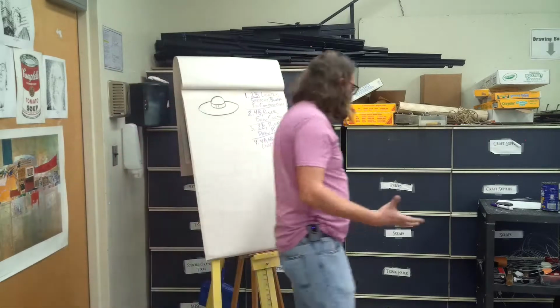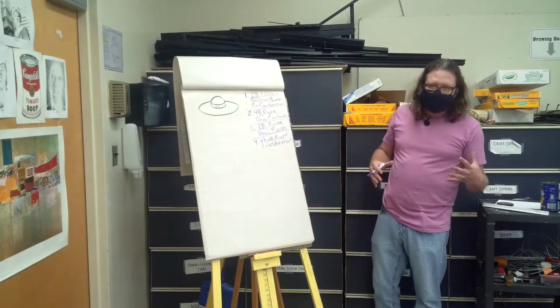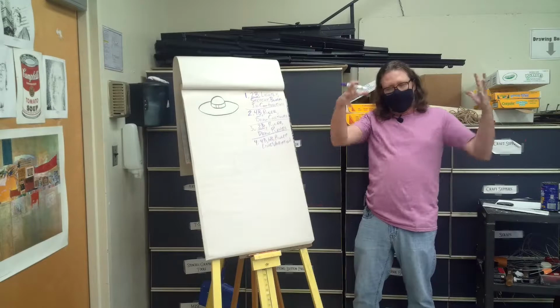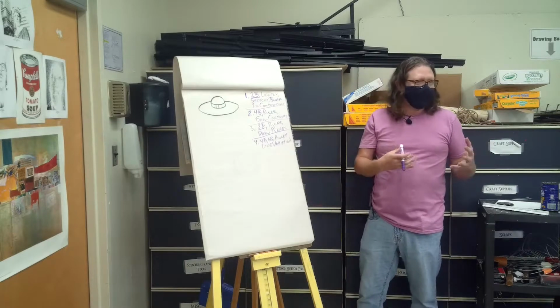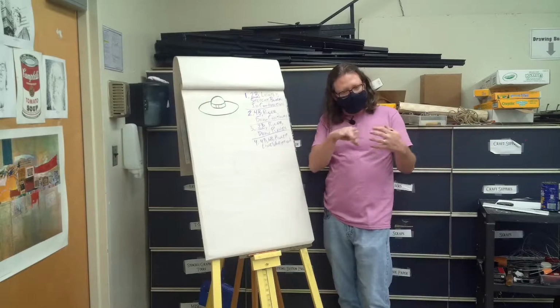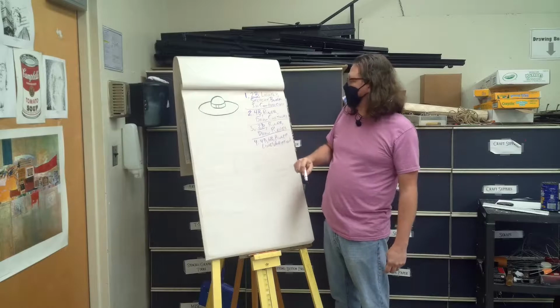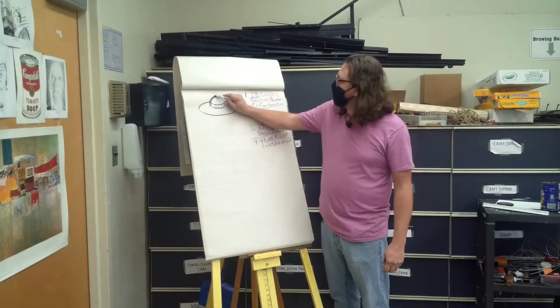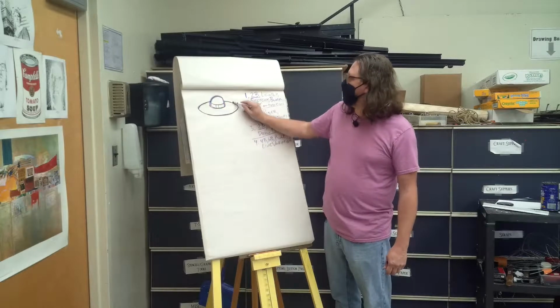What are contours? Contours are the lines that go around the very outside membrane, if you will, of an object. They don't include a lot of things like interior details. So on my hat here, if I'm talking about contours, I'm talking about the lines that make up the bowl of this hat. I'm talking about this line right here.